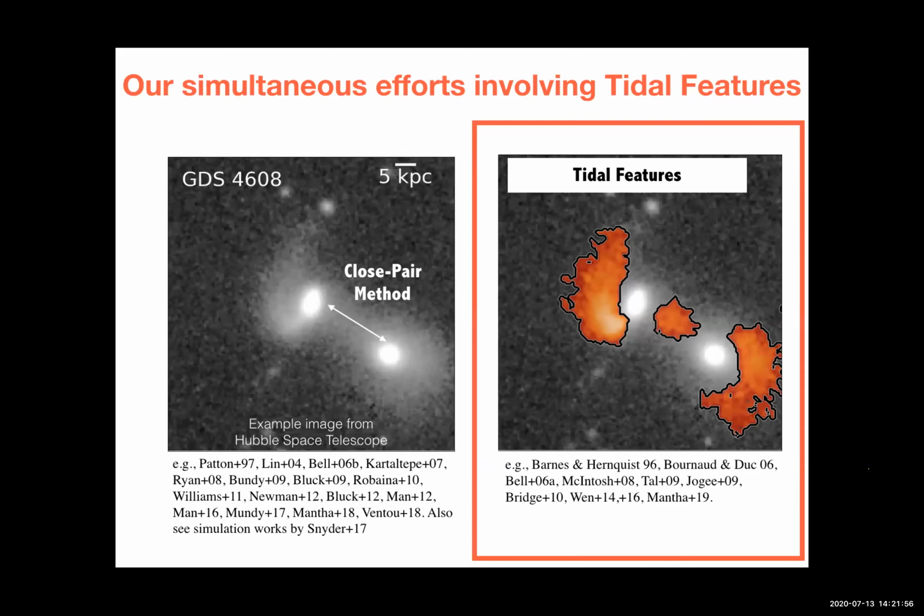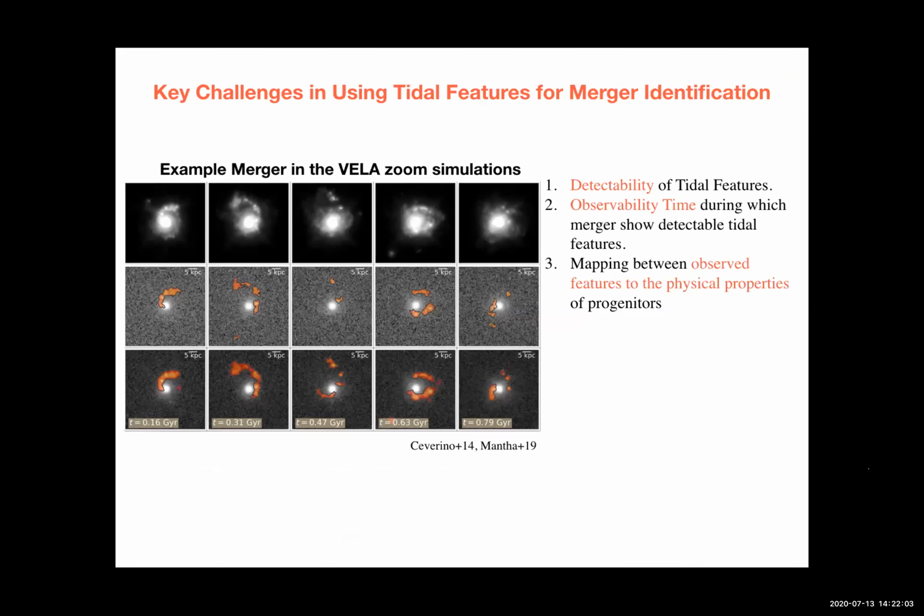So these are also simultaneously important questions that we are trying to answer towards robustly identifying galaxy mergers. So again, the key challenges in doing so are the detectability of tidal features and the observability time, defined as how long you actually see tidal features when you are following galaxy mergers. And then I think an important thing is to map the observed features to the physical properties of what caused them. So I think that's a really interesting thing to do.